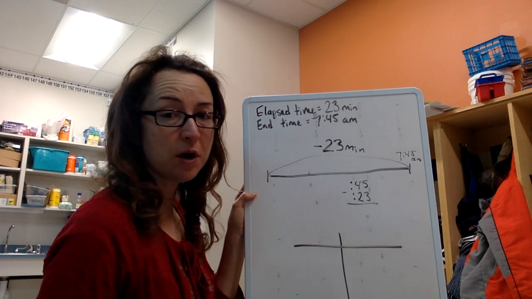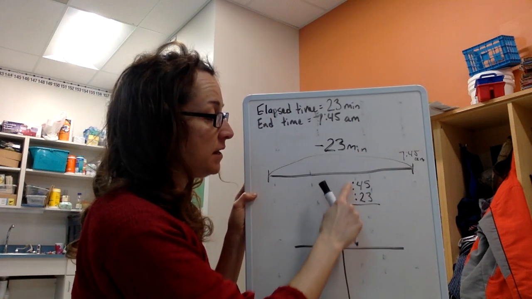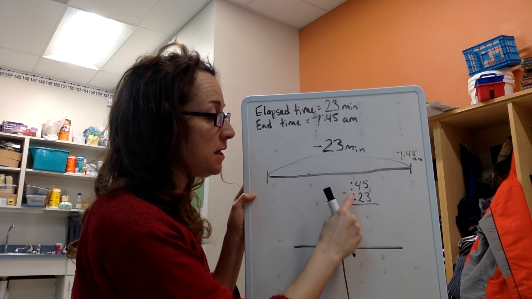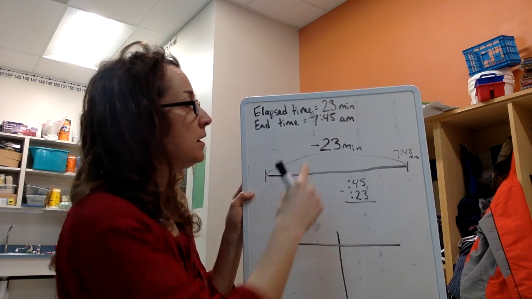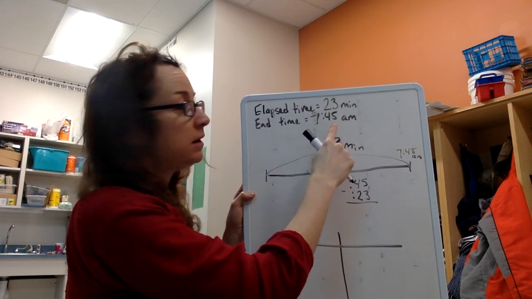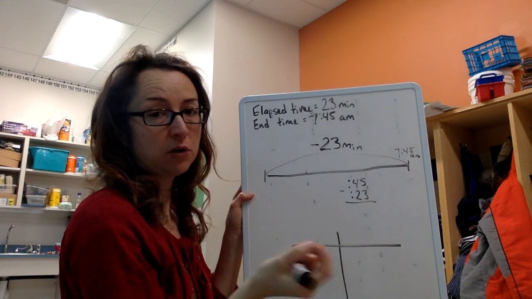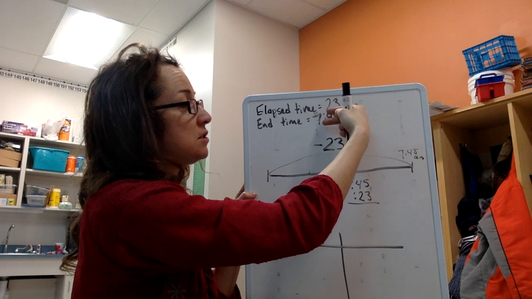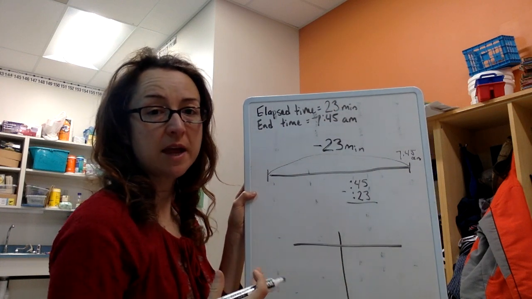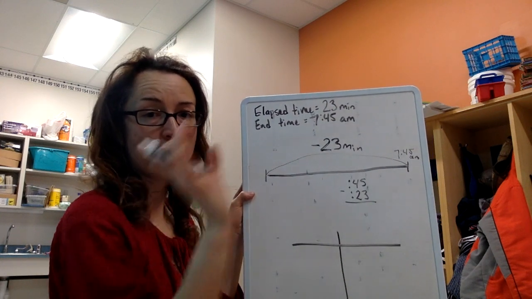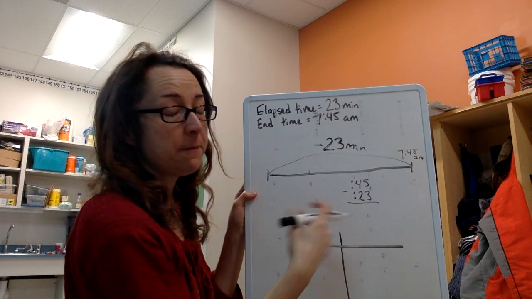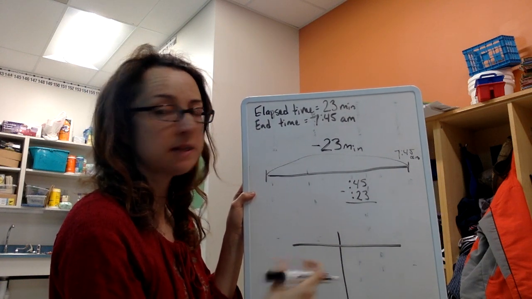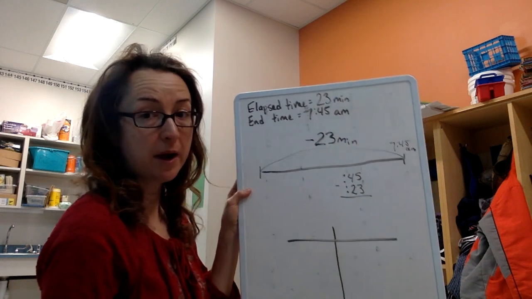I'm hoping you know that the reason I have these two dots, called colons, is that when we write time, they create the separation between the hour and the minute. This would be where an hour would be, but I'm not focusing on that because there's not an hour that has gone by.